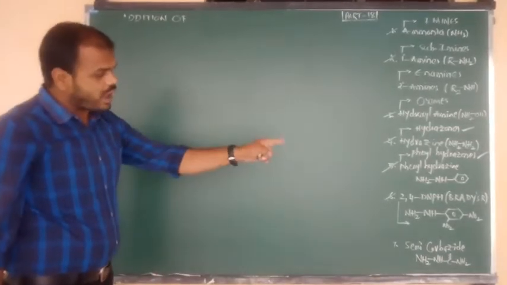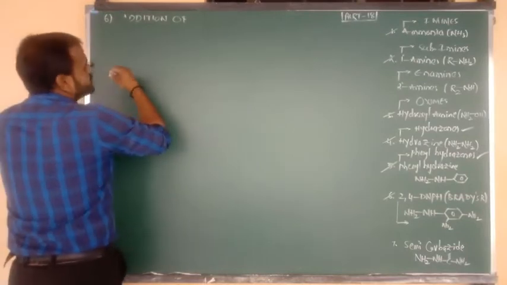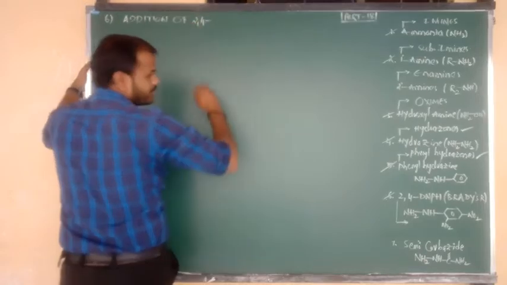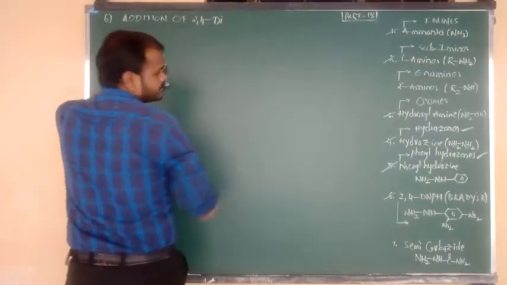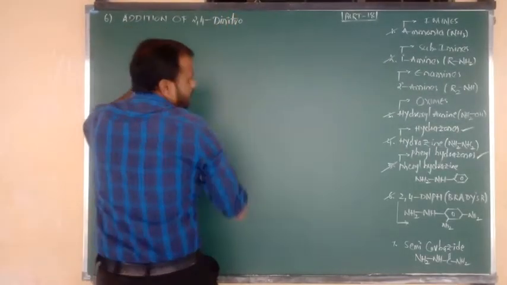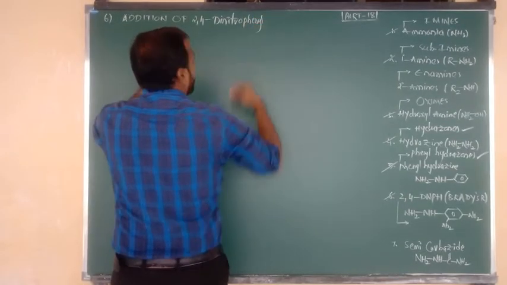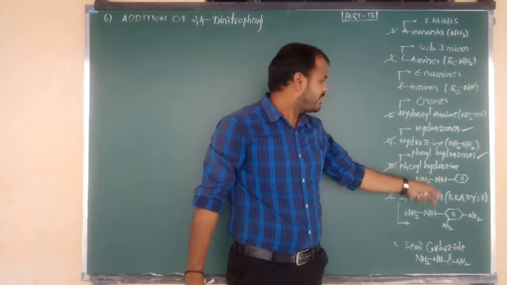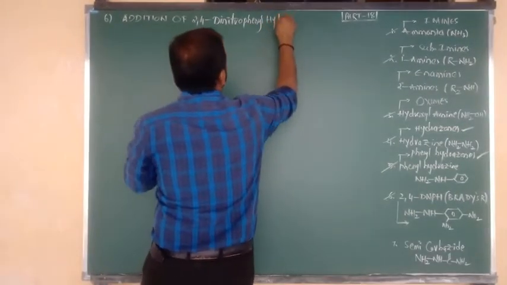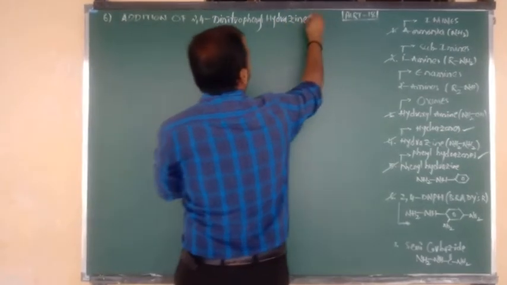Addition of 2,4-DNPH. In addition properties, the 6th one is addition of 2,4. D indicates di, N indicates nitro, P indicates phenyl, and H for hydrazine. This is your abbreviation of what, beta? 2,4-DNPH.